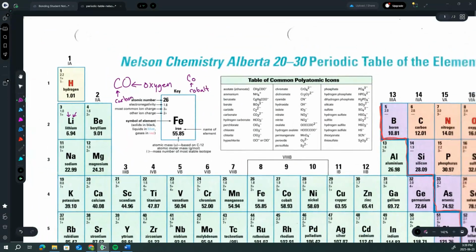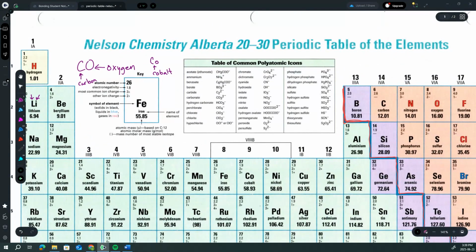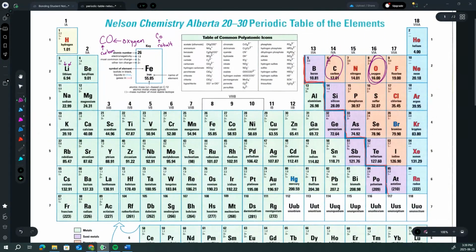Okay, so if you wanted to find all of these symbols that I'm talking about here, carbon is there, oxygen is there, and then if we look down in the transition metals, so transition metals are in between group 3 and group 12, cobalt is going to be right there. So just watch out for those differences.